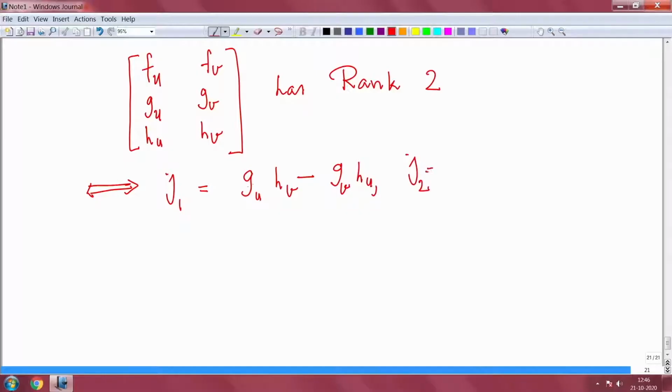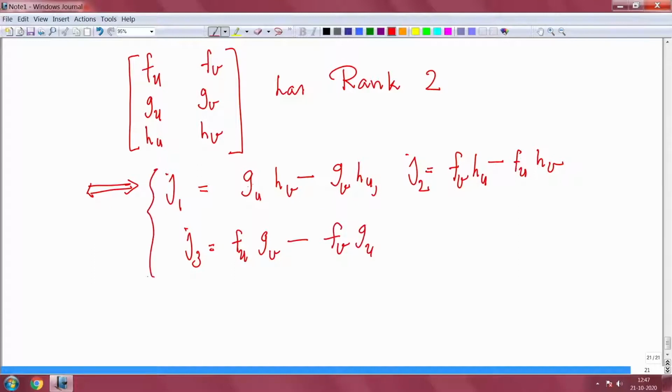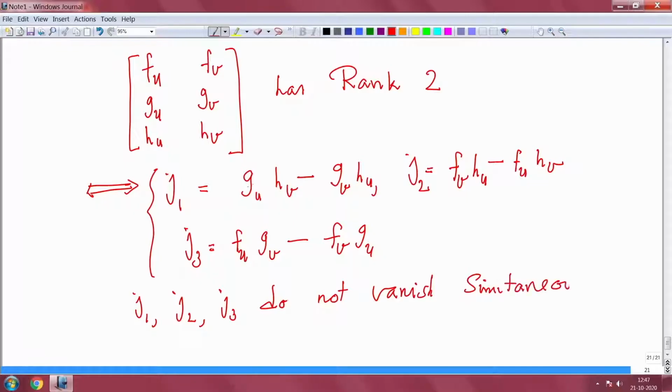Similarly, J2 is equal to F v H u minus F u H v, and J3 is F u G v minus F v G u. This is equivalent to saying that J1, J2, J3 do not vanish simultaneously. Okay, that is what we will make use of.